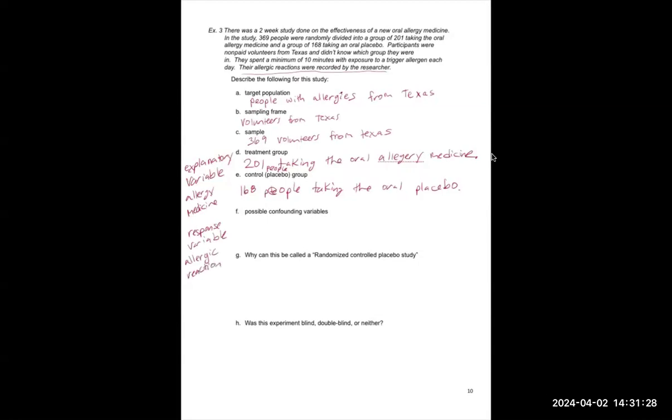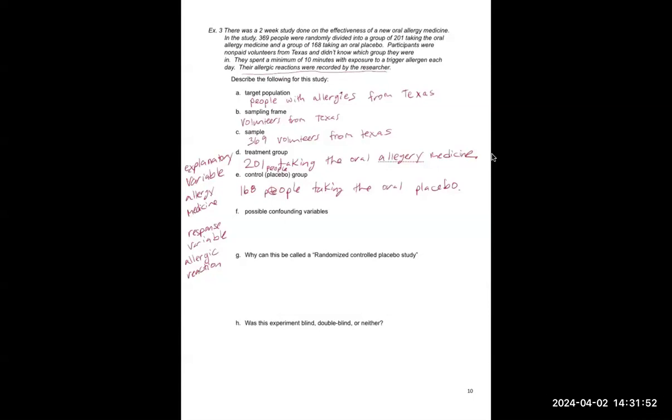So what other things could affect you having an allergic reaction or not? So that's the question. When they ask what the possible confounding variables are, they mean other things that could affect whether you have an allergic reaction. So I know allergies can be very specific.